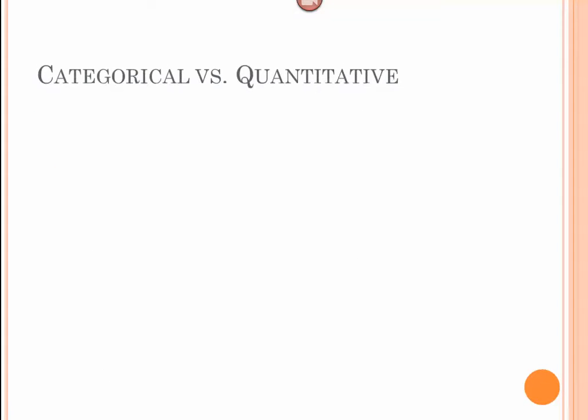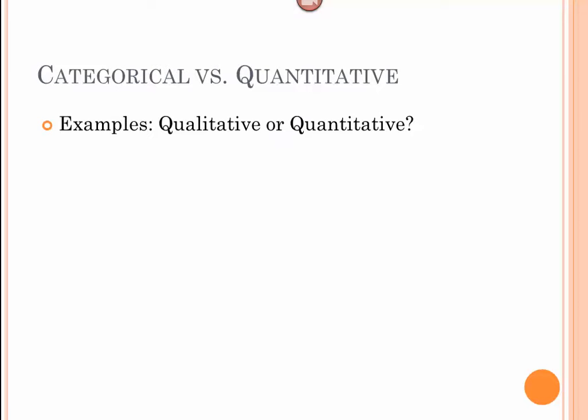So let's give a little quiz to ourselves really quickly, talking about categorical versus quantitative data. Decide in the following which one of these variables would fall into each category. Is it qualitative? Sorry, that should say categorical.